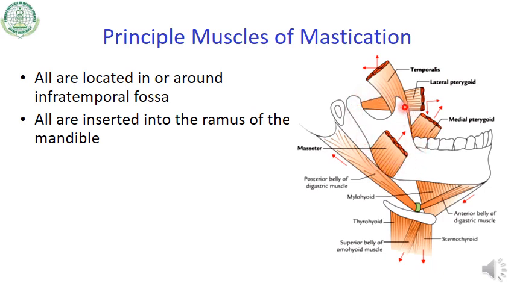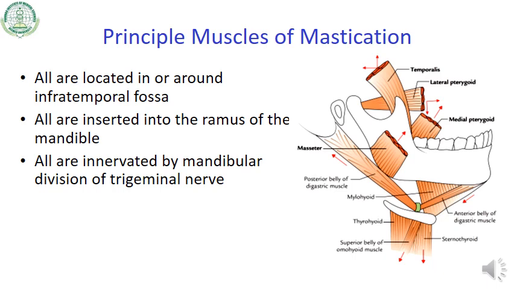So this is the ramus of mandible, which has coronoid process, condyloid process, and this is anterior border of the ramus, this is posterior border of the ramus. All are innervated by mandibular division of trigeminal nerve. So all the muscles of mastication, they are derived from first arch, and the nerve of first arch is mandibular division of trigeminal nerve.